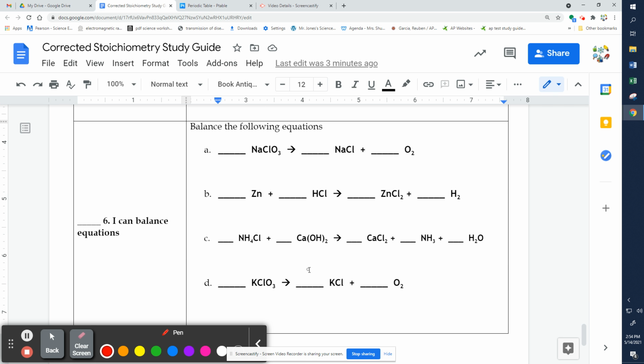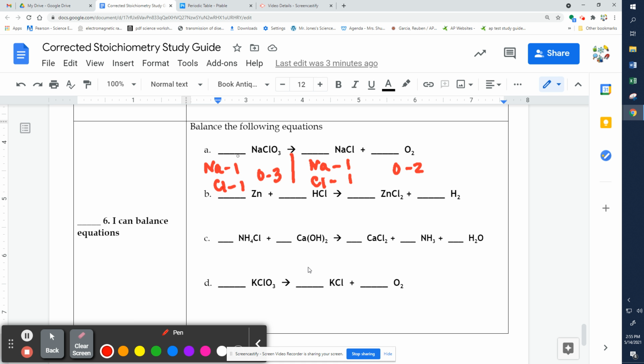For our final step, you need to balance equations. These have been fixed for my in-person kids, so make sure you know how to balance equations. First, we count. Remember, every capital letter is a new element. The only ones off in our first one are our O and our O. The lowest common multiple between 3 and 2 is 6.